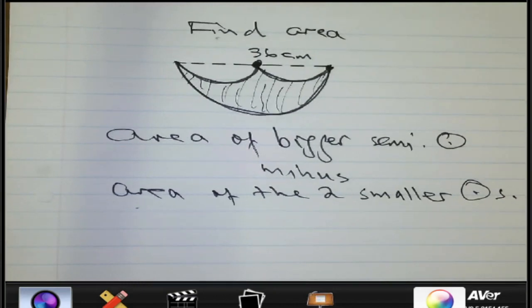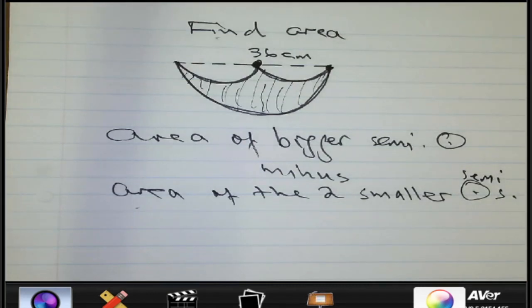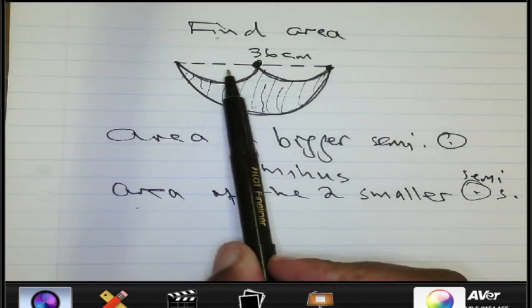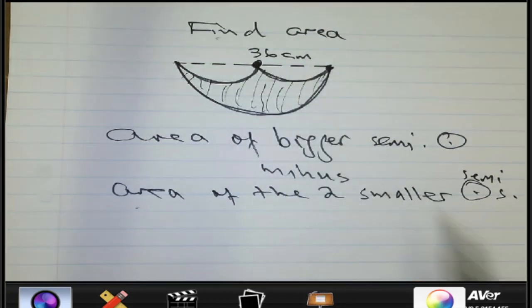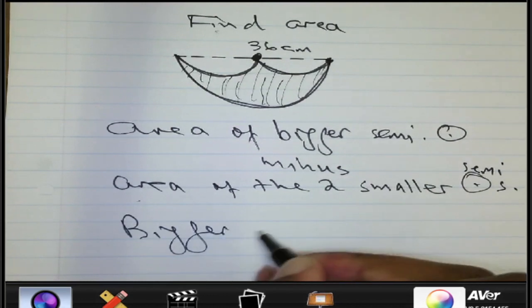We need to work out the area of the bigger semicircle, then work out the areas of the two smaller semicircles, because these are half circles. And that will be our answer. If you want, guys, do you see that we can take these two semicircles and put them together to form a complete circle? All right. Otherwise, the method is just the same. So let's find area of the bigger semicircle.